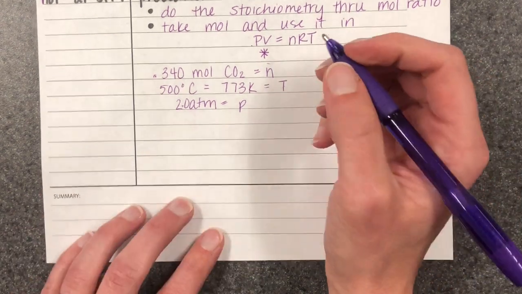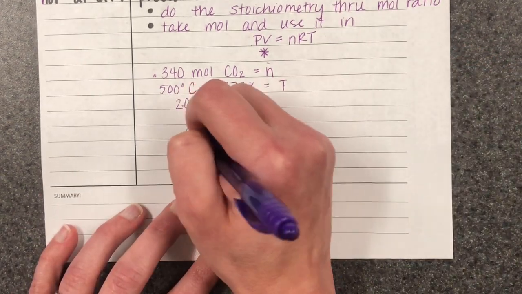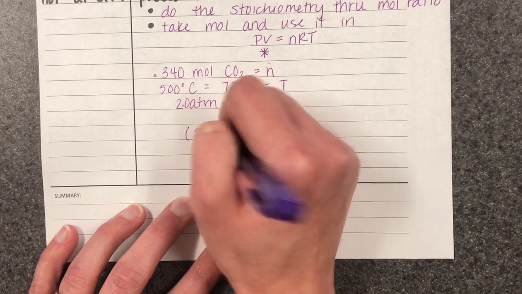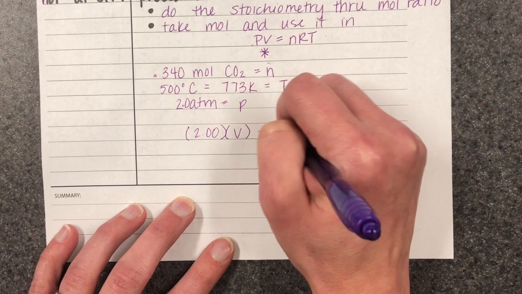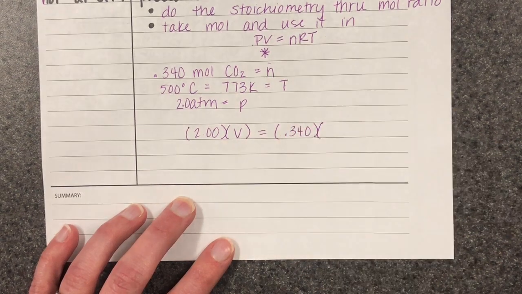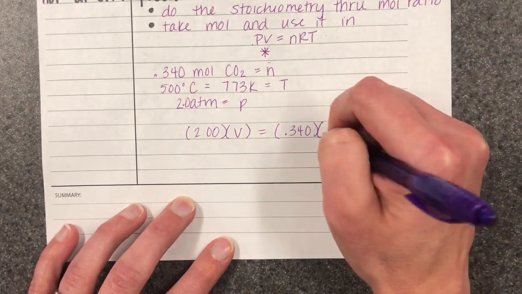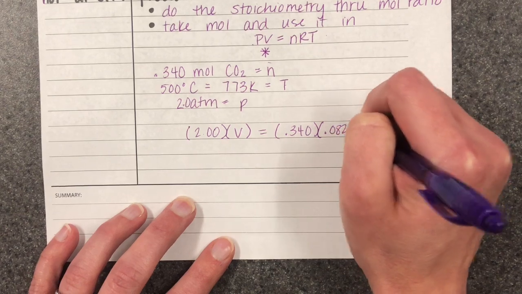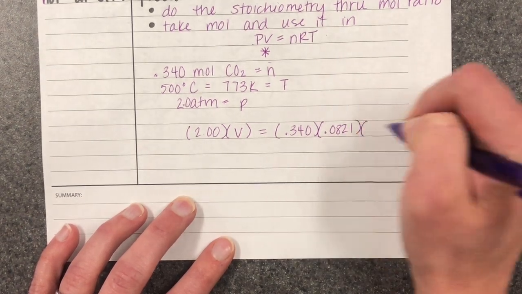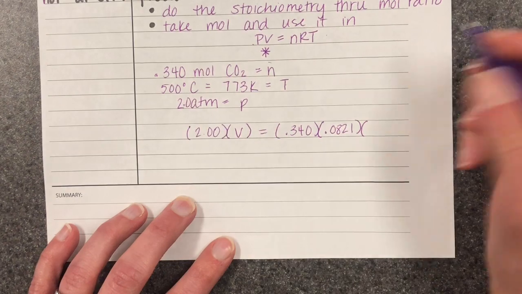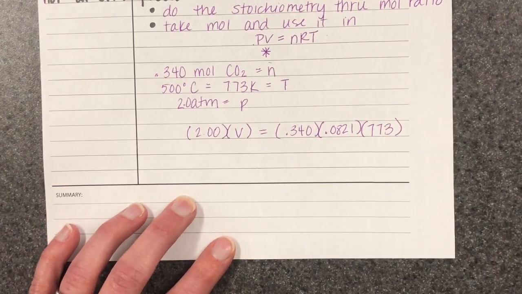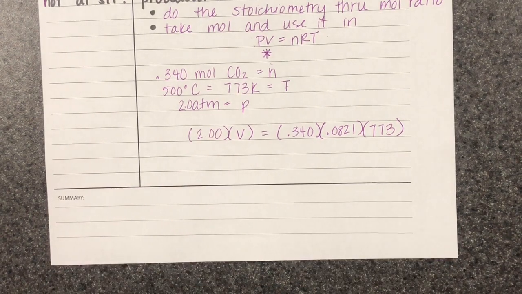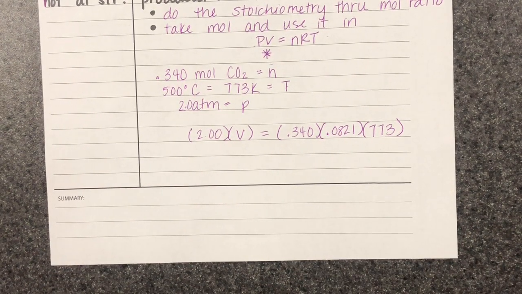So again, if I was going to solve this problem, my pressure is 2.00, volume is unknown. I have 0.340 moles. Since the pressure is in atmospheres, I'm going to use 0.0821 as my R value. And then the temperature, after I add 273 to convert it to Kelvin, was 773. So 0.340 times 0.0821 times 773.